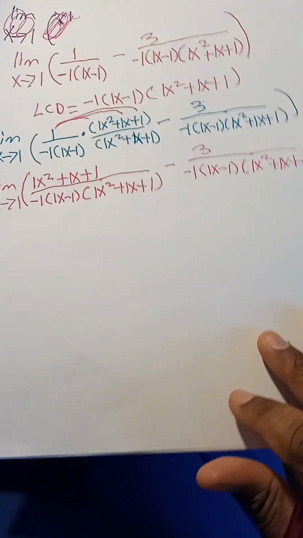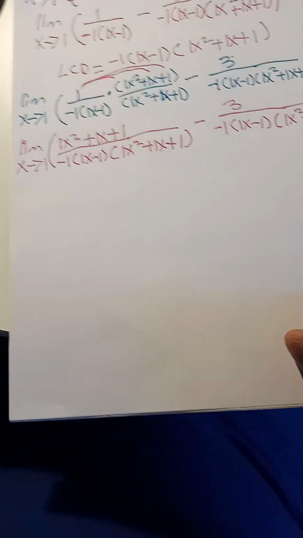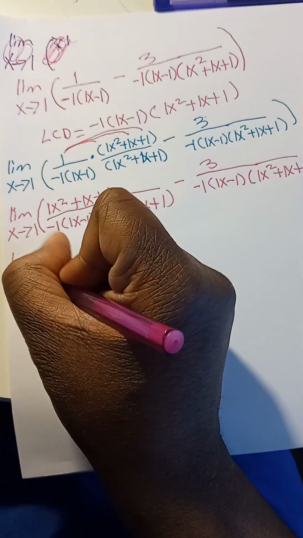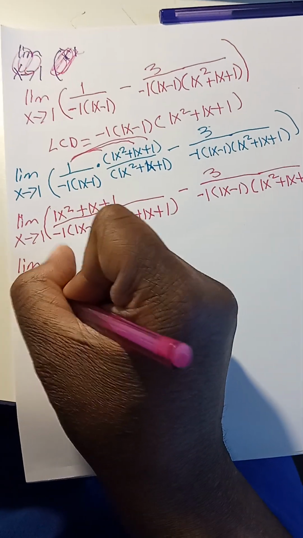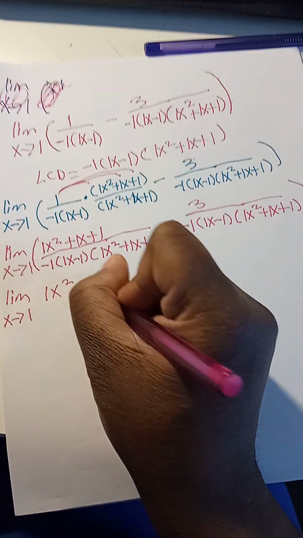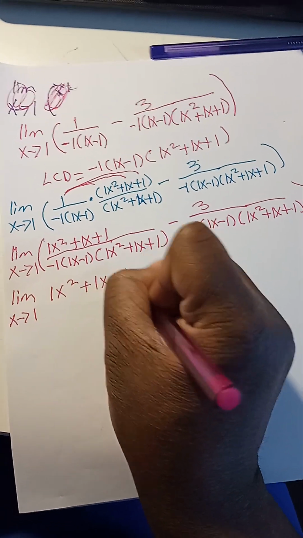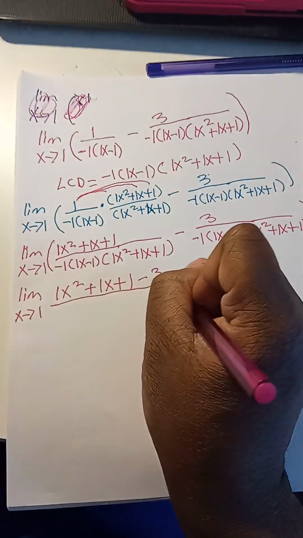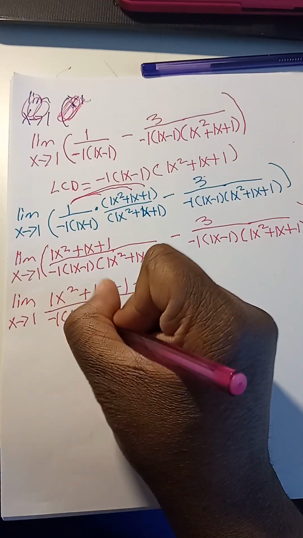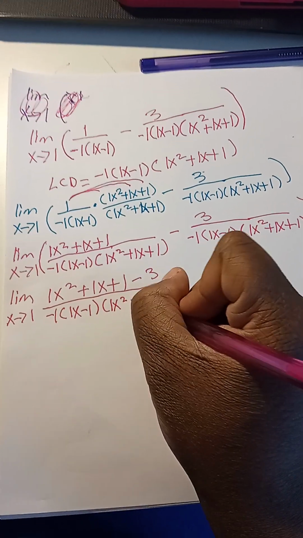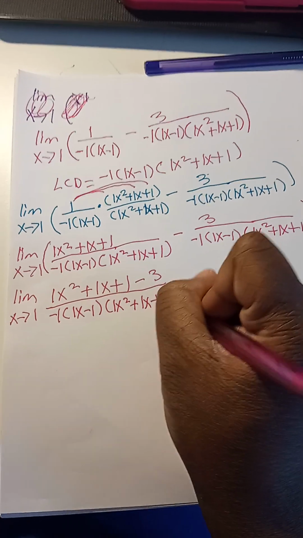So now we can bring this together because they have the same denominator. So it's going to be the limit of x goes to 1 of 1x squared plus 1x plus 1 minus 3, all divided by -1 times 1x minus 1 times 1x squared plus 1x plus 1.